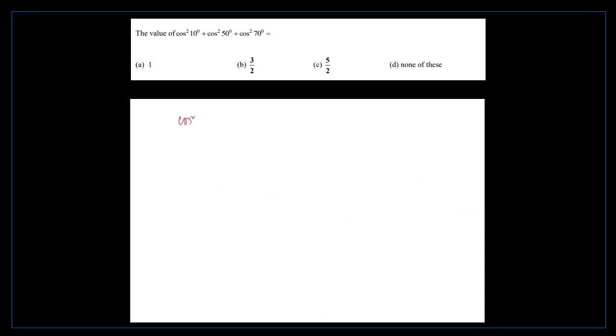That is the logic behind this formula: cos square theta plus cos square 60 minus theta plus cos square 60 plus theta. Now here we can write 1 by 2 into 2 cos square theta plus 2 cos square 60 minus theta plus 2 cos square 60 plus theta.